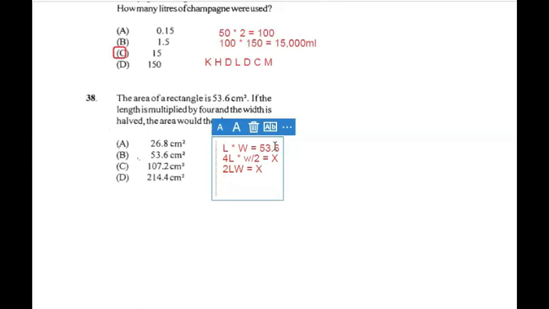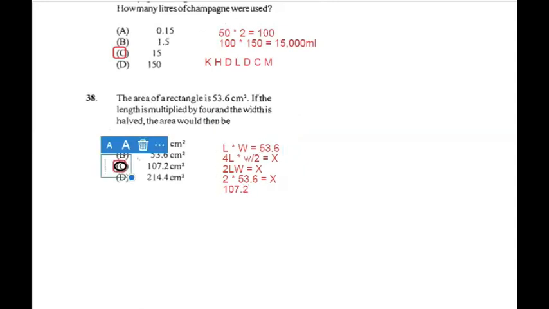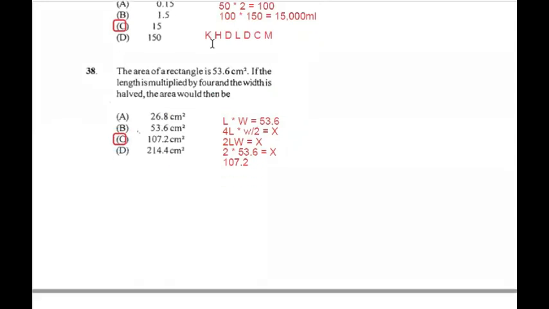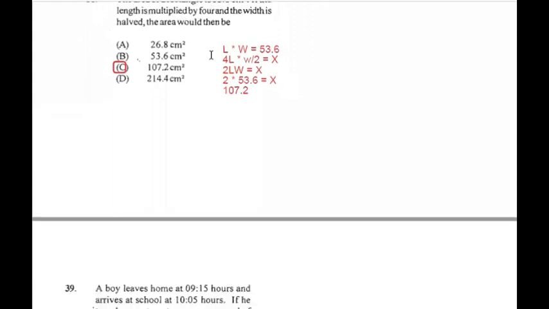But you know that length times width from up top is 53.6, so it's 2 multiplied by 53.6 equals x. So x is equal to 107.2 centimeters squared. So our answer for 38 is C. So you can check 2013 for the other way that I worked it, which is substituting and finding the number for the width.